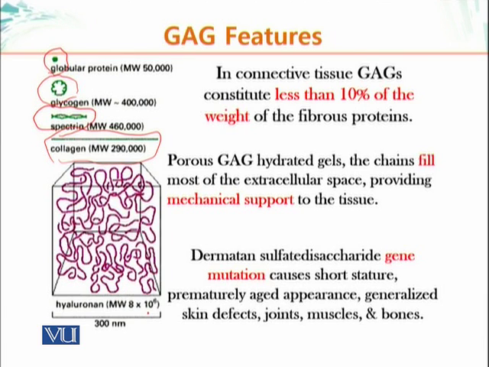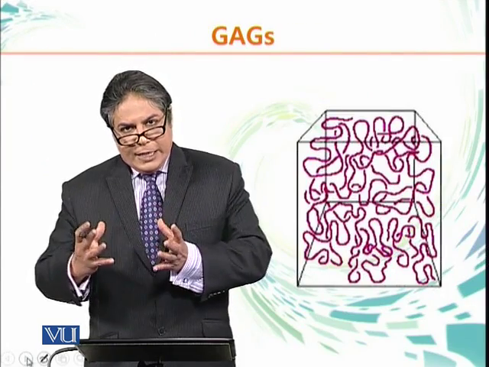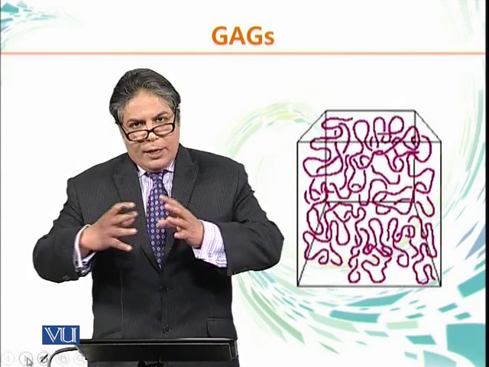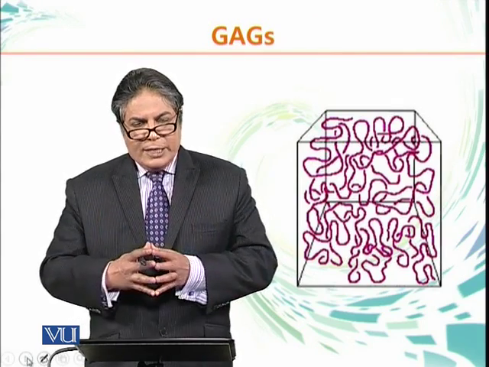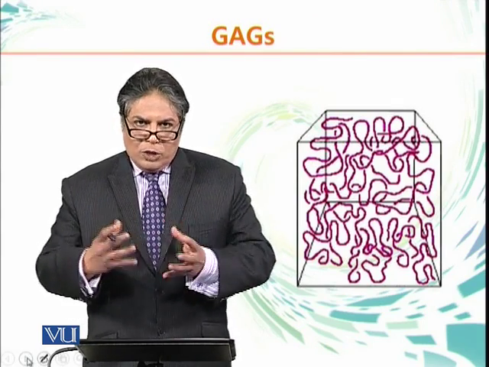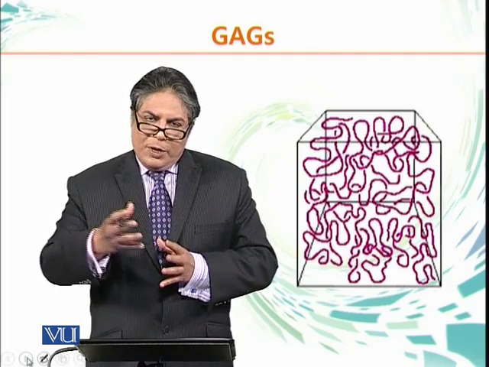Volume is, of course, a three-dimensional quantity. When we are measuring something in three dimensions, this hyaluronan can occupy large volume compared to the proteins. So these GAGs absorb water. They can form hydrated gels and occupy large volumes as compared to their weight.